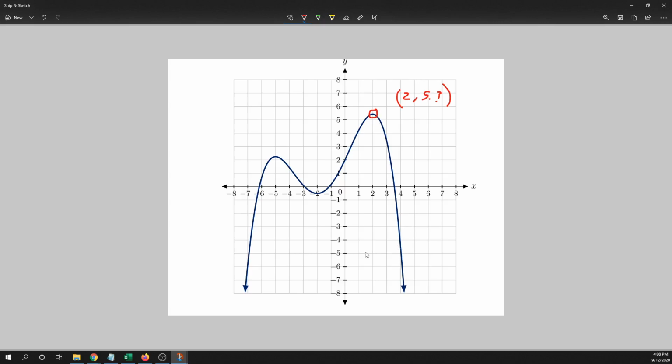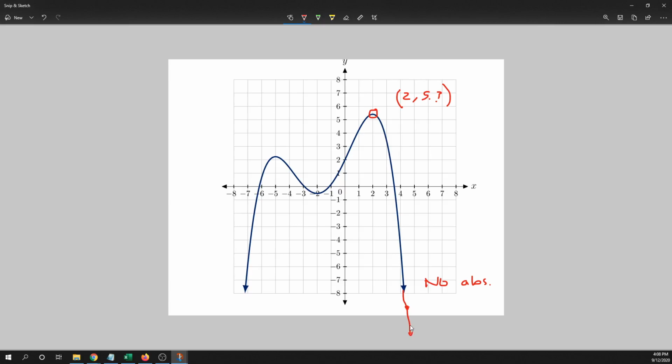Okay, and then this graph has no absolute minimum point, and you can tell because no matter what point you are on this graph, because of these arrows right here, it indicates the graph keeps going down. So you might think, hey, that's the lowest point. Well, no, it's not, because you can get a little lower, and a little lower and a little lower.